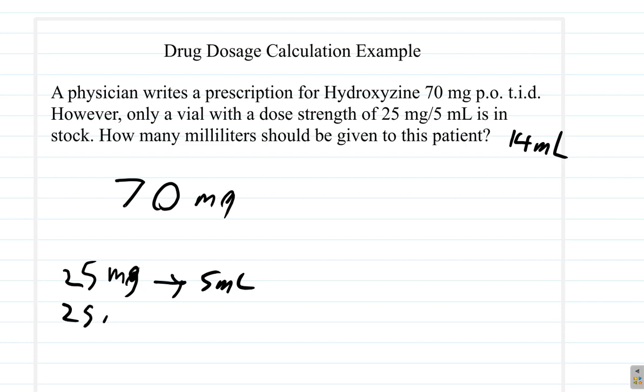Another 25 milligrams means another 5 milliliters, total of 10, but that would still not be enough. That would be 50, 25 plus 25. So you could say, how many 25s are there in 70? 70 over 25 is, and then you do your calculation.